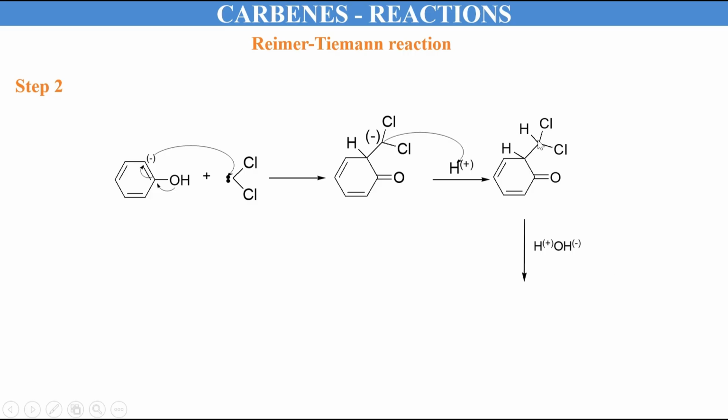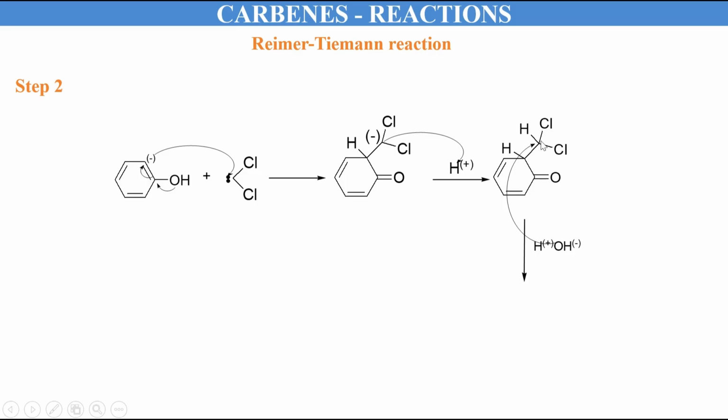The carbon here is electron deficient and it is a positive center because it is attached to two electron withdrawing groups, that are chloro. OH minus is electron rich, so OH minus attacks the positive carbon.